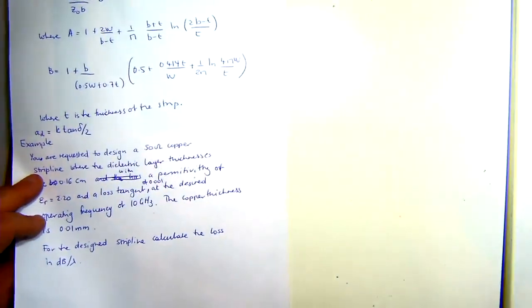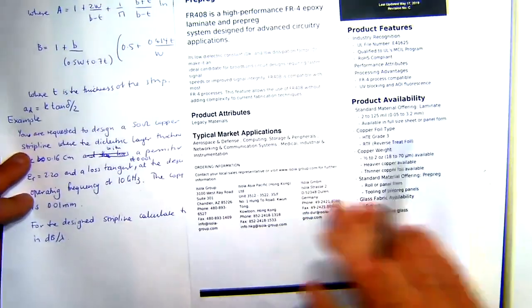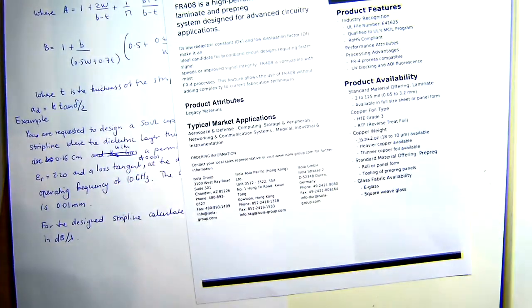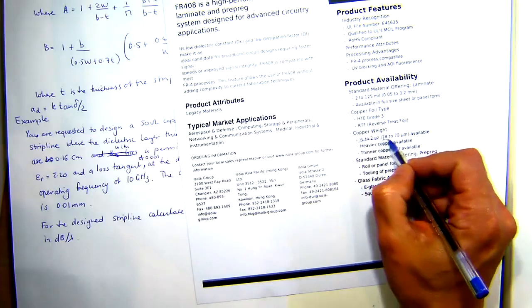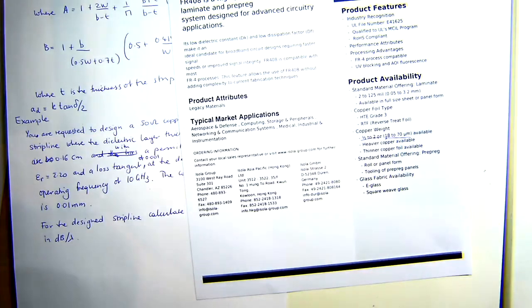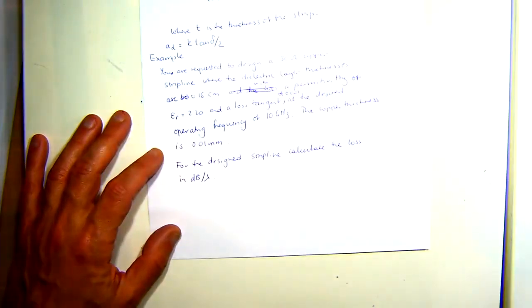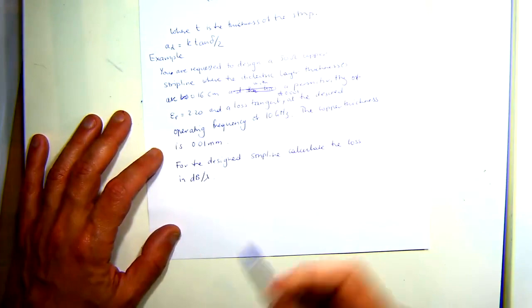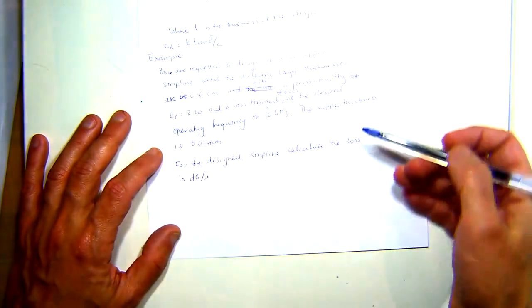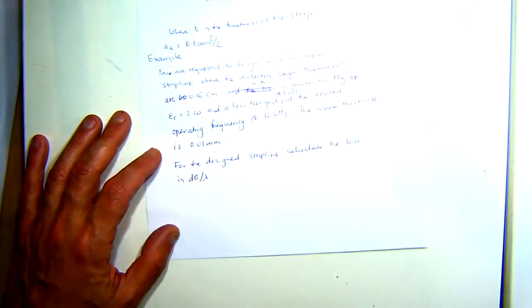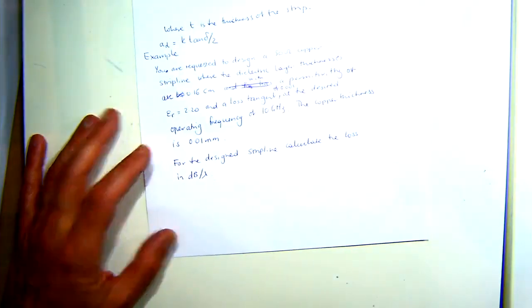The copper thickness, just for a laugh, is usually given in ounces per square meter, which relates to a thickness in micrometers. This is just so that you know how to read these data sheets. What I'm asking you to do is design this stripline, and I also want you to calculate the loss in dB per wavelength. Okay?